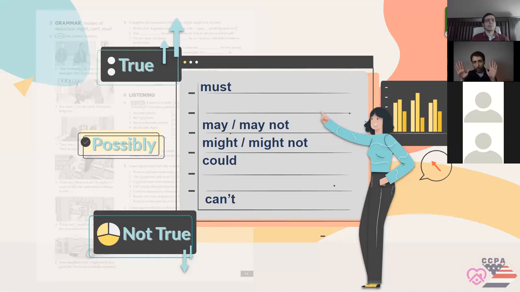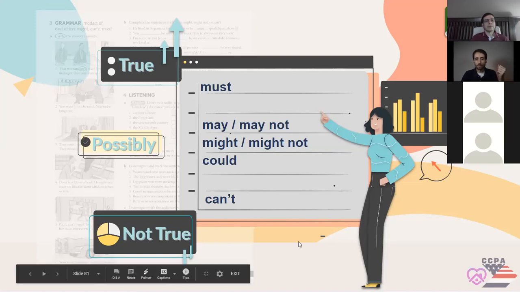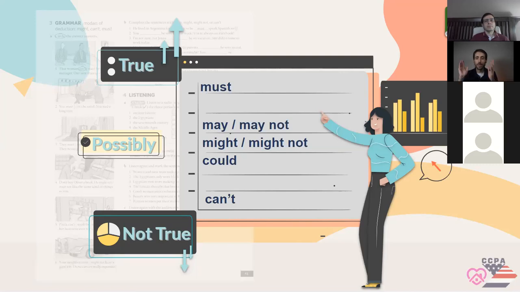When we weren't very sure, we would go with may, might, or could, or maybe might not, could not. And finally, when we were pretty sure that something wasn't true, we would go with can't, right? So those were our options, just to refresh a little bit. And then follow always with the base form, like this can't be the real class. This is too strange, whatever.